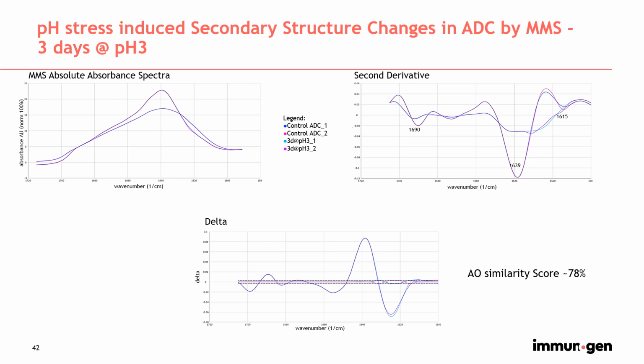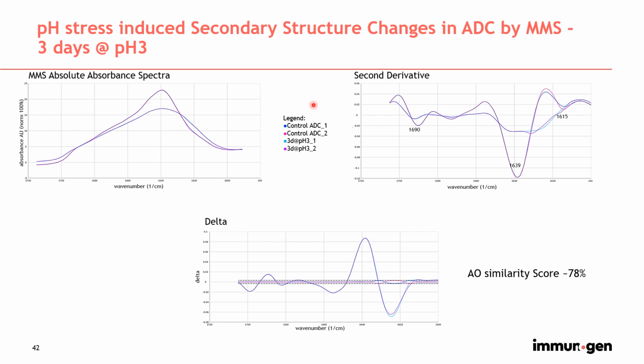After looking at thermal stress, next we looked at the effects of pH stress on the secondary structure of ADCs. In this case, the ADC was stressed at a low pH of 3 for 3 days. As we can see from the absolute absorbance spectra obtained using MMS, the secondary structure dramatically changes between the control and the stressed ADC.